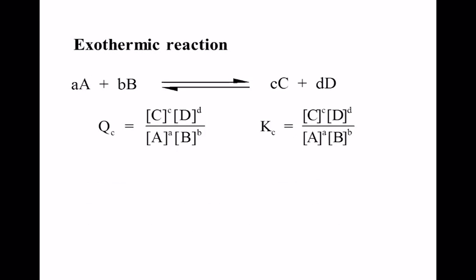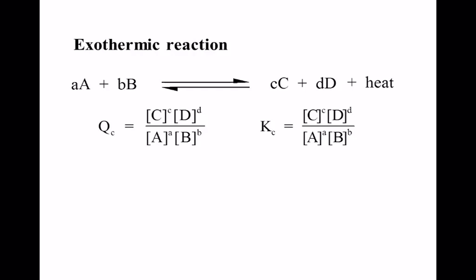So let's change it up a little bit. What if your equilibrium is exothermic? If it's exothermic, we consider heat a product, and the enthalpy of the reaction will be negative. So if we add heat, it's like adding a product, which pushes it back.